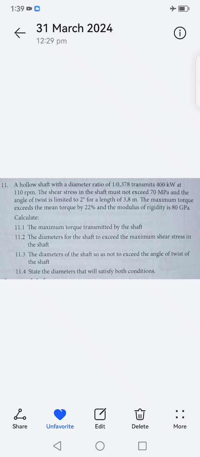I can write it like this, case number 1. If 1 is bigger than 0.378, then the big diameter has to be the numerator and the small diameter the denominator.